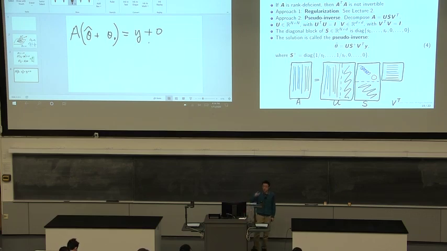So if you do the singular value decomposition on your A matrix, decompose it, and then write it in terms of this, then you can see a very interesting structure. First of all, in your U matrix, you will still get all these columns, but there will be a part that you don't really care about. Why don't you care? Because in the S matrix, you have some entries at the bottom.